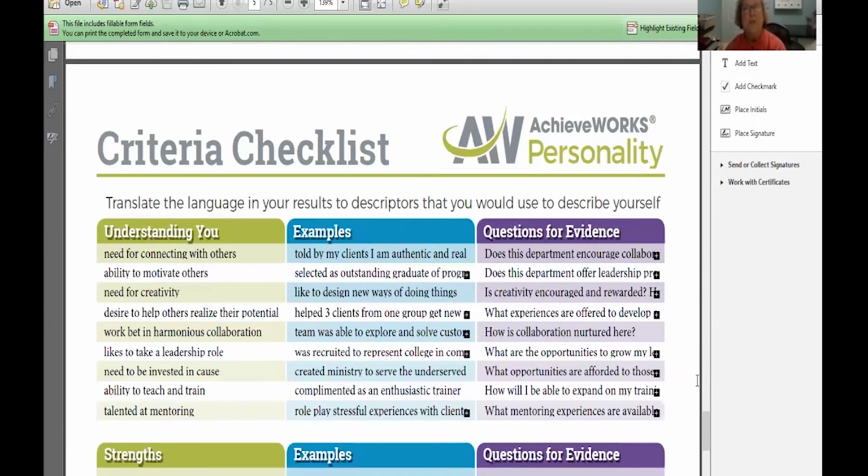Now, the questions for evidence section is a section where if I were moving forward and I were looking at a college or a program or a school or a major, I would want to ask some of these questions to discern how much of these areas I want and need are going to be integrated. Because you can reach your full potential in a lot of different ways.